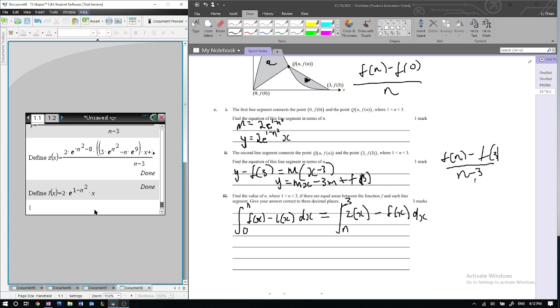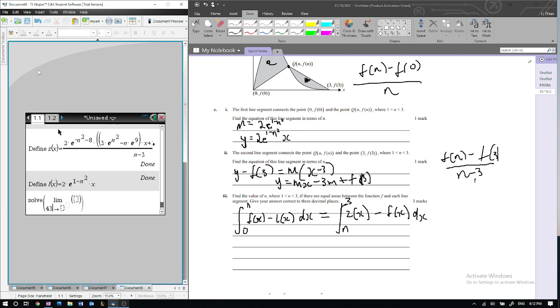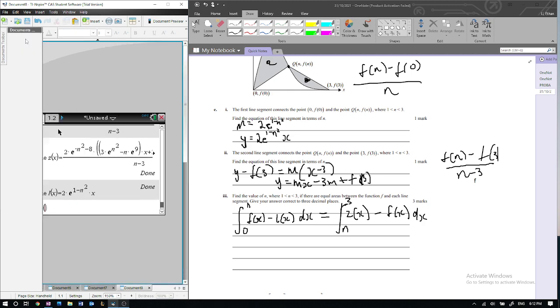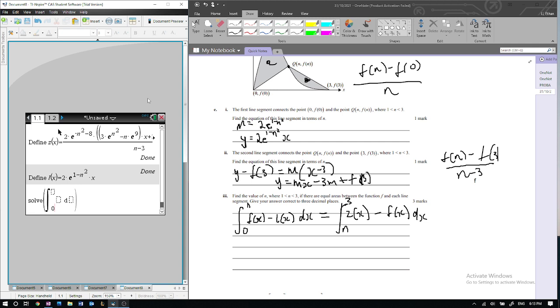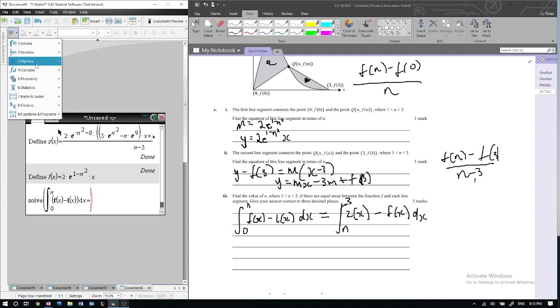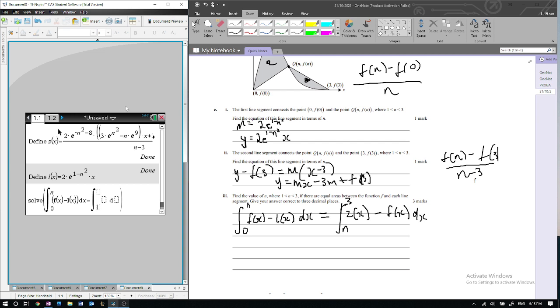So now let's solve. Solve the integral from 0 to n of f(x) minus L(x) dx is equal to the integral from n to 3 of z(x) minus f(x) dx.